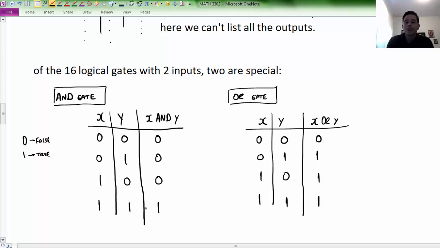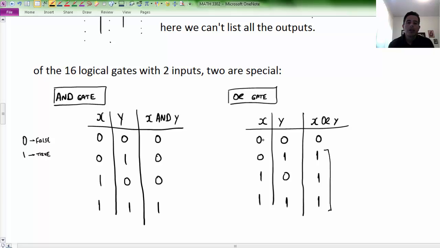If it's true and true, the output is true. So it's the same thing. And then there's the other gate that we're going to use that is very special. It's the OR gate. The OR gate is easy to define as well. If at least one of the inputs is 1, then the output is 1.